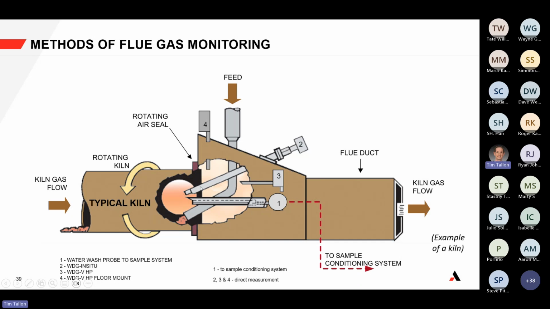You could also have it right behind the seal, but these are mounted directly to the process, getting the full force of high particulate. And there are obviously different ways to do it, especially with respect to a kiln. You would have a long probe into the kiln before the seal, or you could have it after the seal in a floor mount or in a wall mount type design.